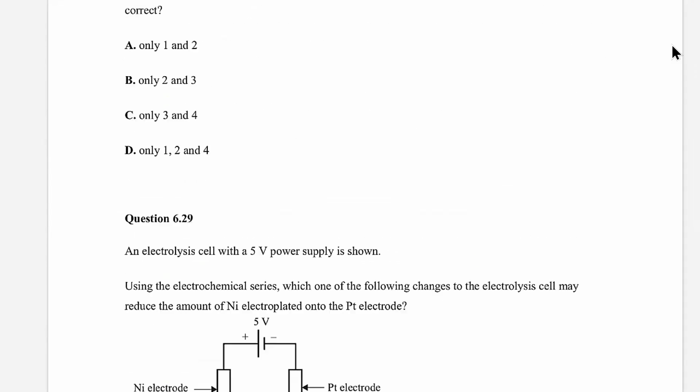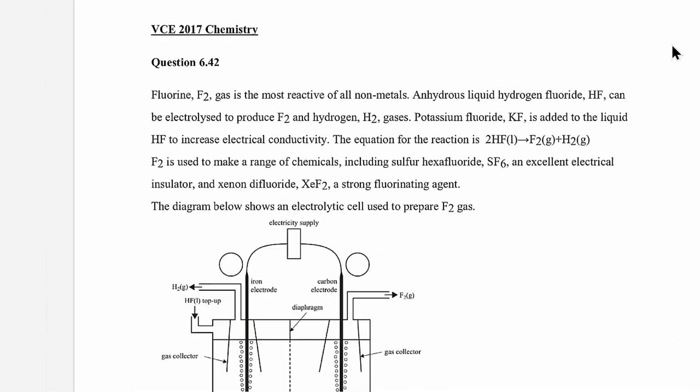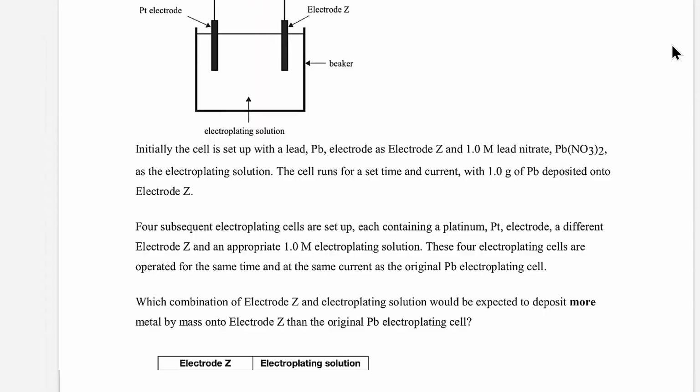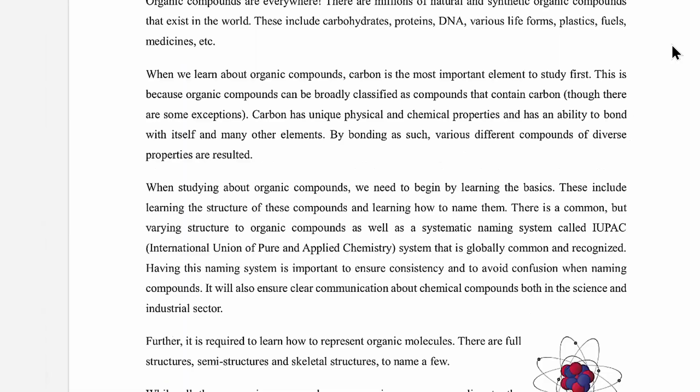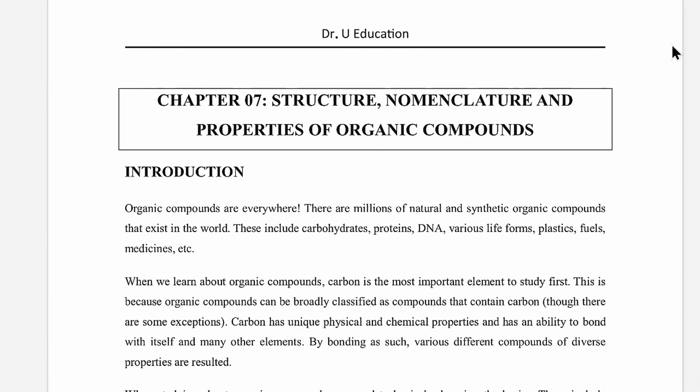But you have a lot of questions to finish by next week. All of these are past papers, and we are starting the organic chemistry part, which probably we will do pretty quickly in 2 weeks' time.